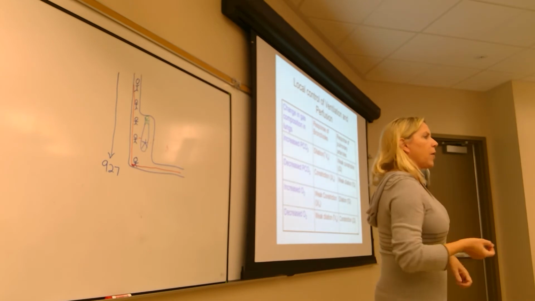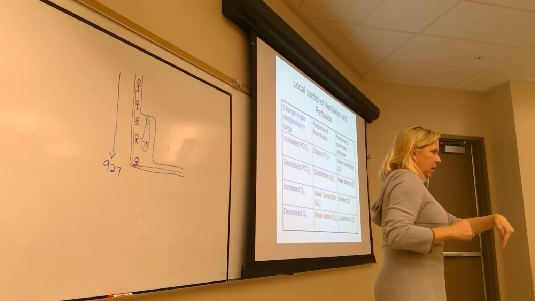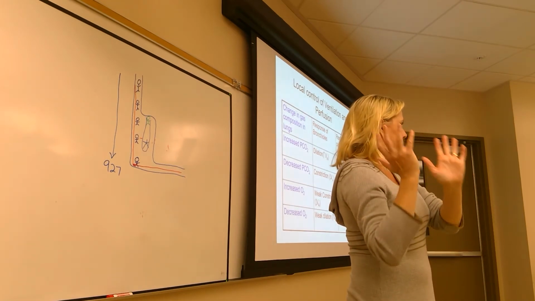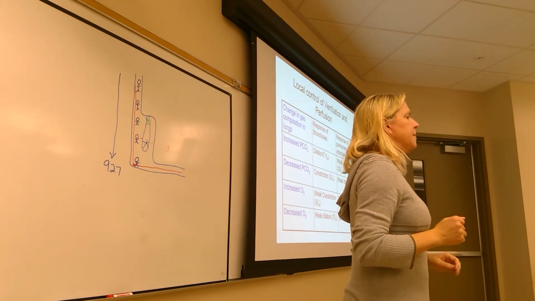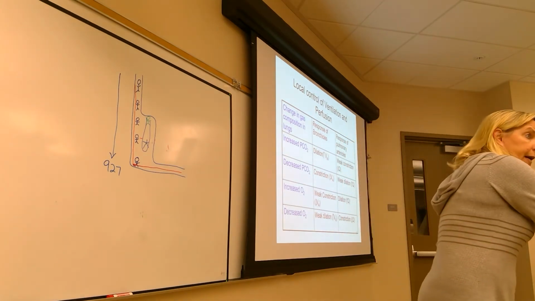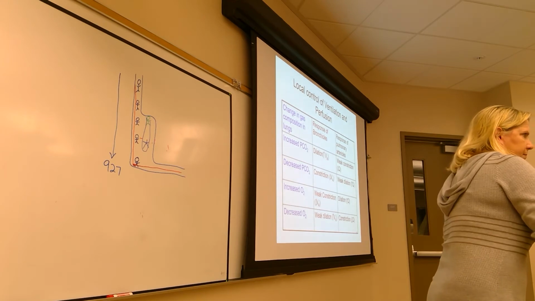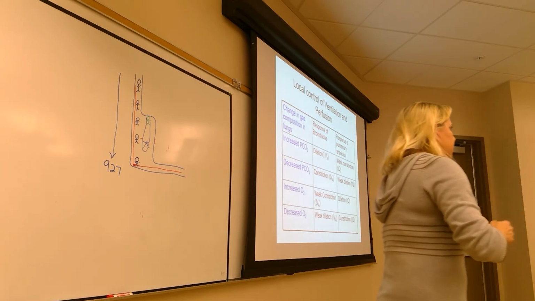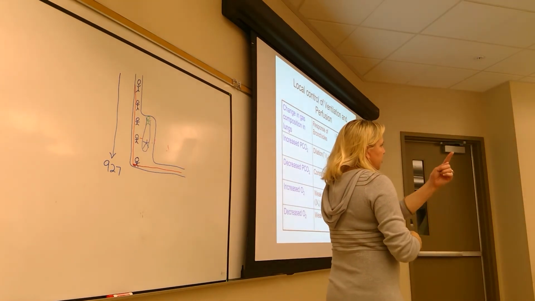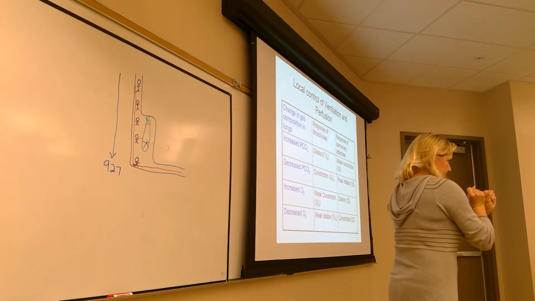The other side of the coin, if CO2 levels are going up, oxygen is going down. That was also a signal for the upstream arteriole to vasodilate. When it comes to the upstream arteriole of the pulmonary capillaries, reverse that. If CO2 levels go up, it tells the upstream arteriole to vasoconstrict.